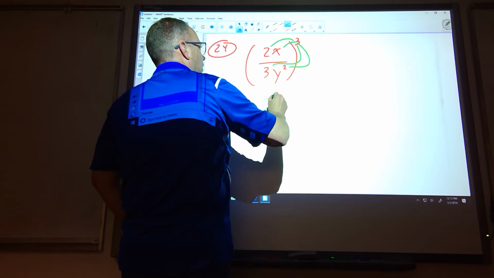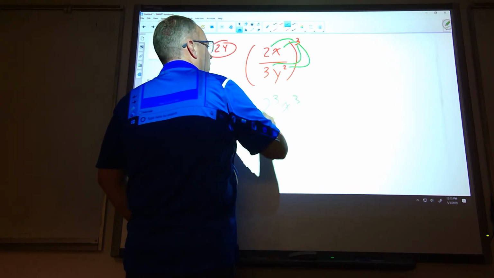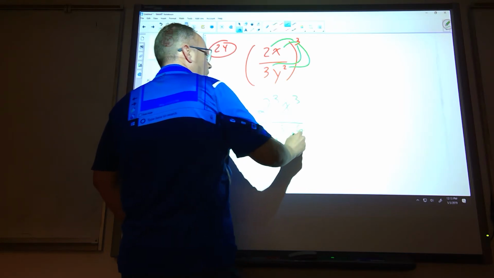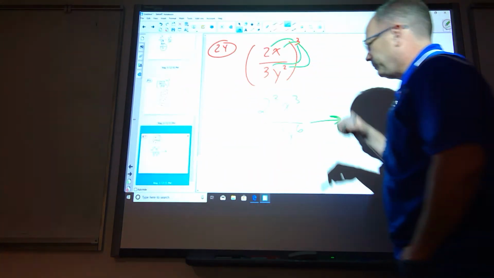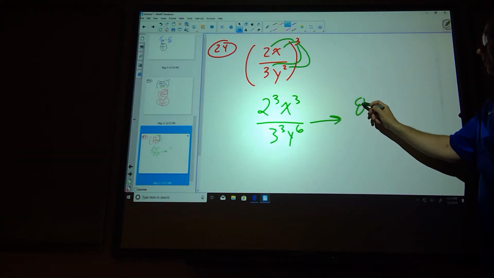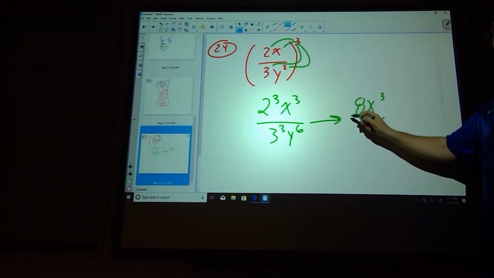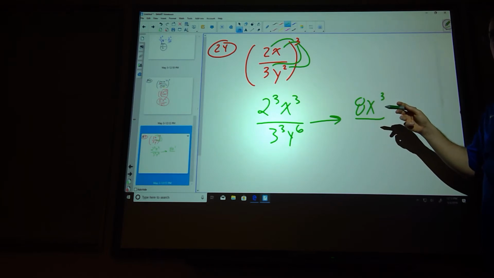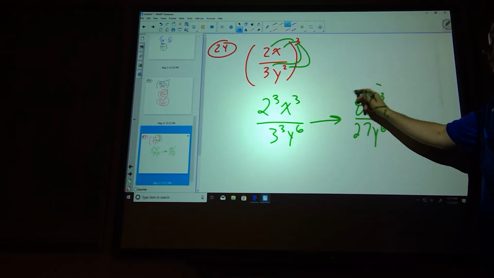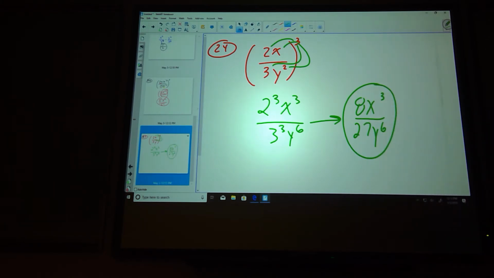So I get 2 to the 3rd, x to the 3rd, 3 to the 3rd, y to the 6th. I can do 2 times 2 times 2, which is 8. And I can do 3 times 3 times 3. 3 times 3 is 9. 9 times 3 is 27. And that's reduced. Anything else?